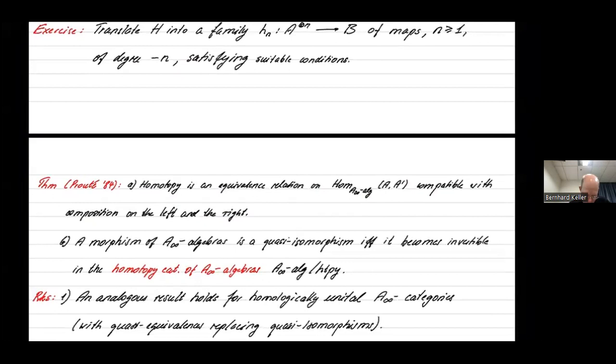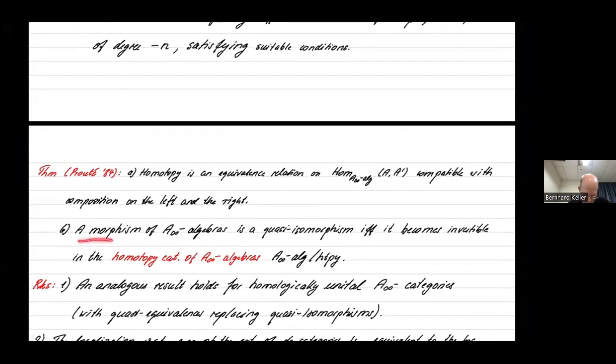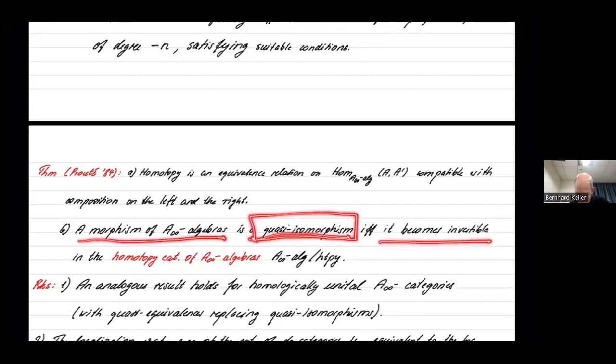And then, perhaps even more surprising, if we have a morphism of A-infinity algebras, it is a quasi-isomorphism, remember that this means that its first component is a quasi-isomorphism of the underlying complexes, if and only if it becomes invertible in the homotopy category of A-infinity algebras.